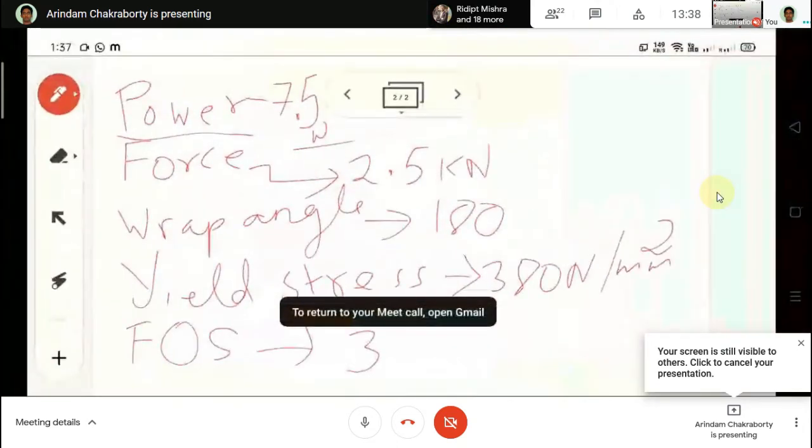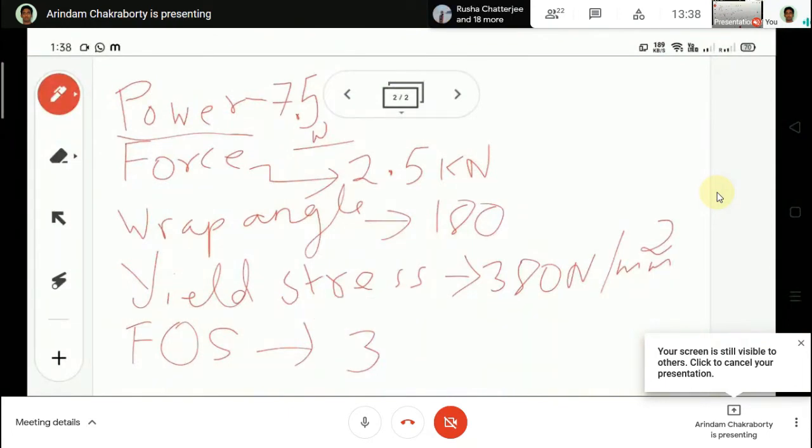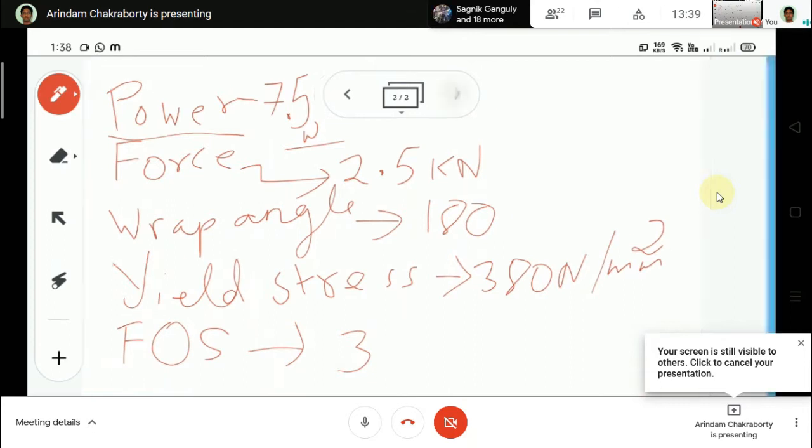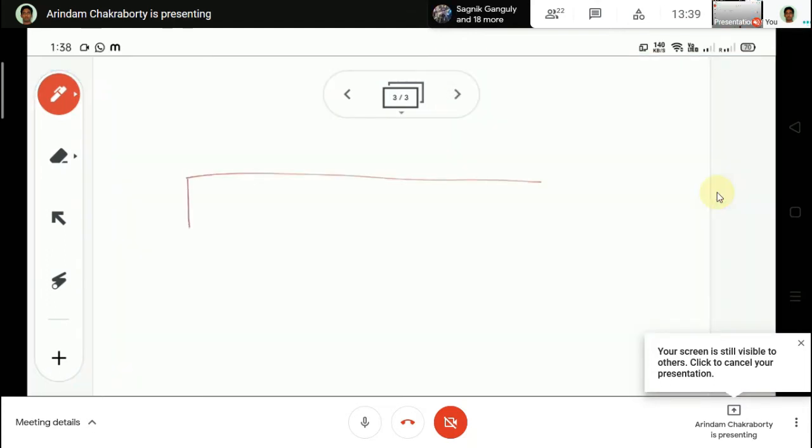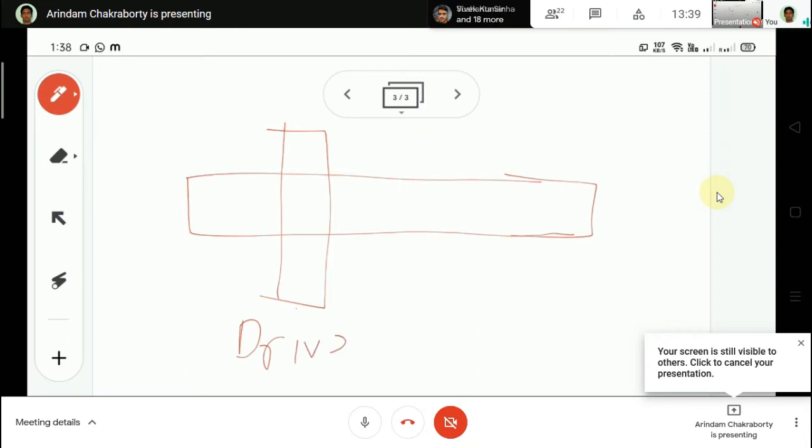We have to understand which is the driven pulley and which is the driver pulley. There are two types of pulley, one is driver and another one is driven.